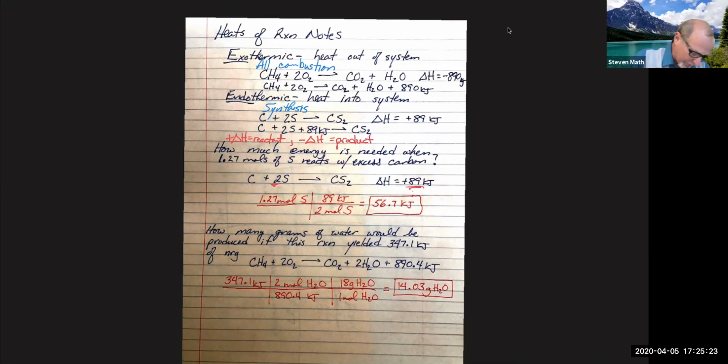So we could say a positive here if we wanted. 1.27 times 89 divided by 2. It's going to cost us a positive 56 kilojoules of energy to convert all 1.27 moles of sulfur into carbon disulfide. So that's the energy we take to put in.